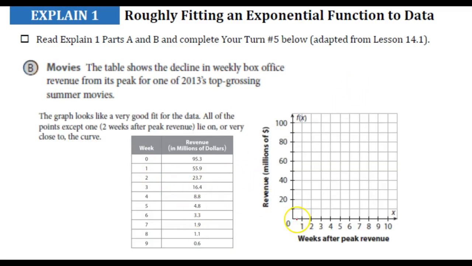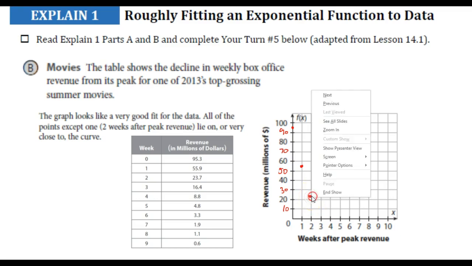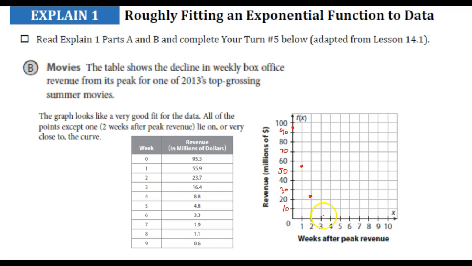So let's go ahead and graph these out. That would be 0. And I see some of the values don't actually have a value, so let's plug some of those in right now. Okay. So that'd be 0 and about 95, 1 and 55, 2 and 23, 3 and 16. Let me see if I can get back that last dot. 4 and about 8.